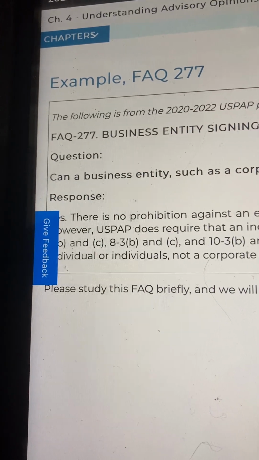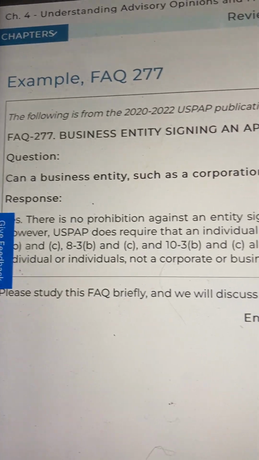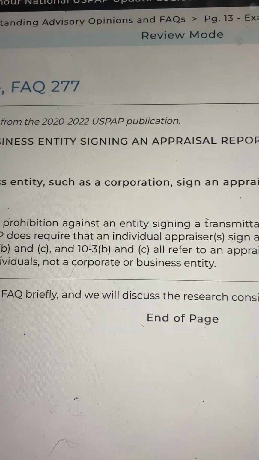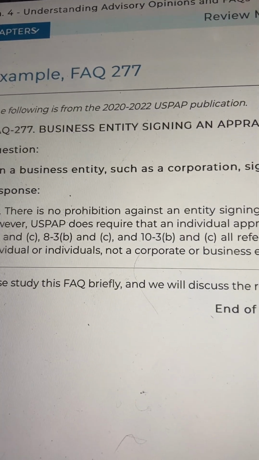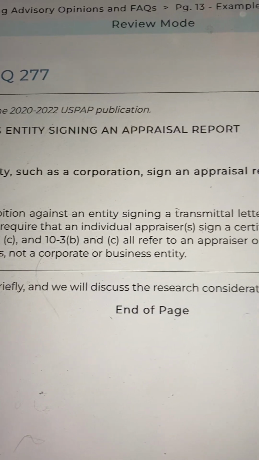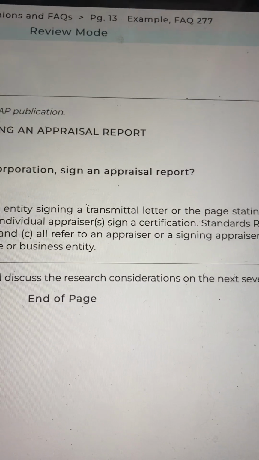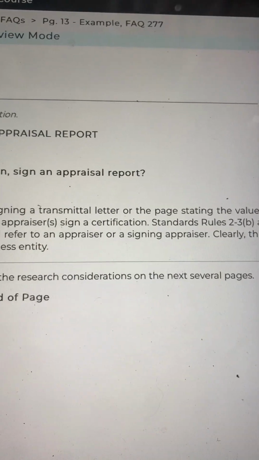Clearly, this individual or individuals, not a corporate or business entity. Please study this FAQ briefly, and we will discuss the research considerations on the next several pages.